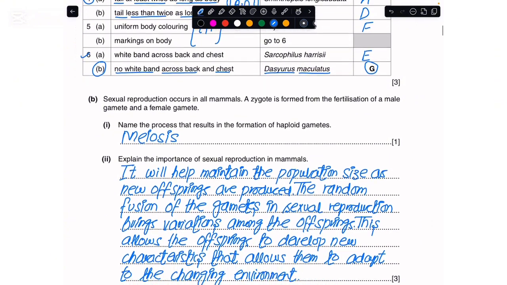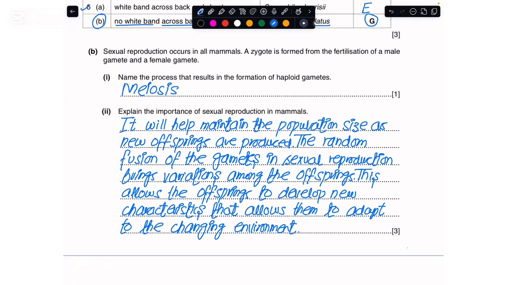Now, if I further move toward the B part of this question, here they say that sexual reproduction occurs in all mammals, and you know that whenever the reproduction is sexual, there is involvement of two parents. If I talk about myself, we are human beings, we are mammals, so we have the male parent and the female parent.